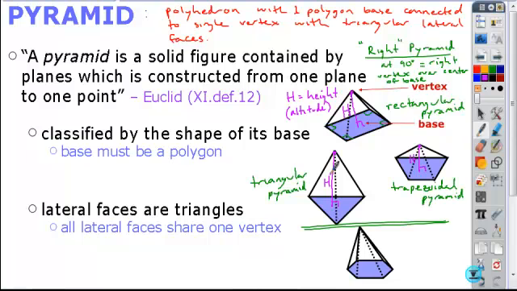Now, that differs slightly from this figure down here, because if we were to sketch in the height of our solid, this vertex is not directly over the center of our base. The height is still that perpendicular distance, but when the vertex is not lined up, this is called, does anybody remember the word given when something is not right?